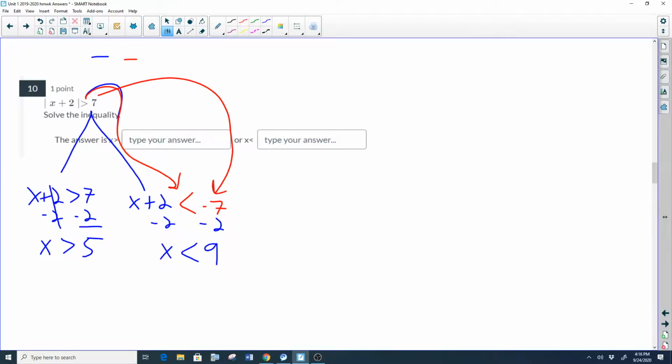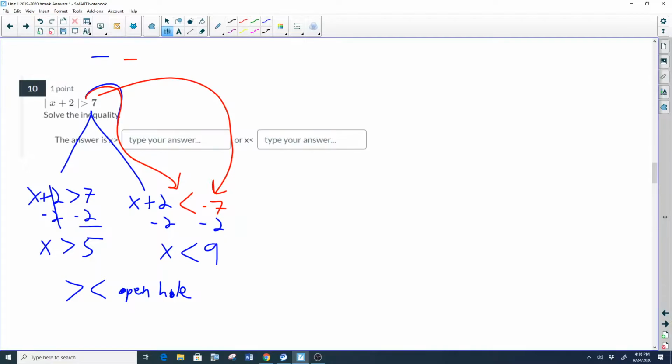Now, don't forget that greater than, less than is an open hole. Remember that? Open hole. If you're graphing, you would not fill it in. This is just for graphing purposes.